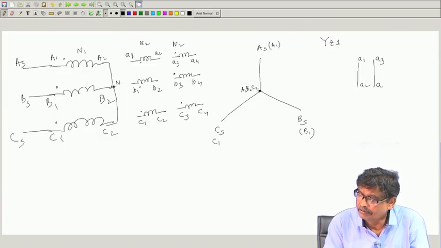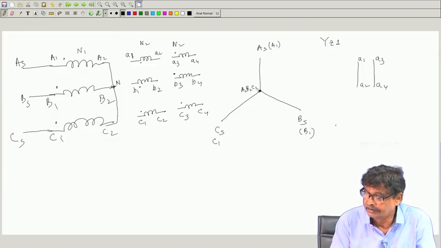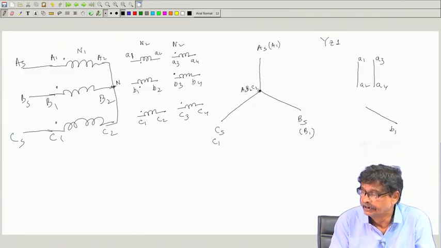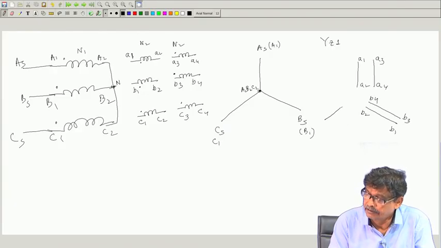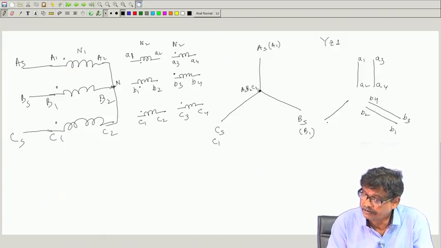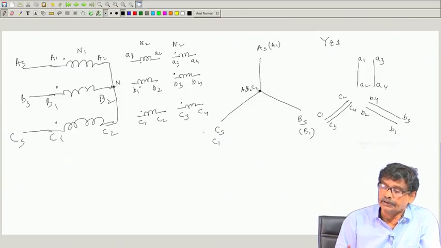I am not explaining because we know this, and this is 120 degree apart, B1, B2 and B3, B4, and finally you are also having parallel to C phase, this is C1, C2 and C3, C4, is it not. In this way it is there.